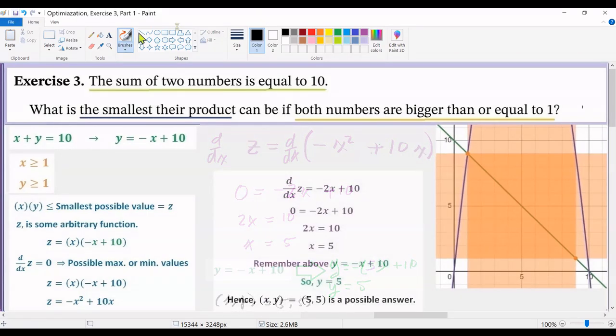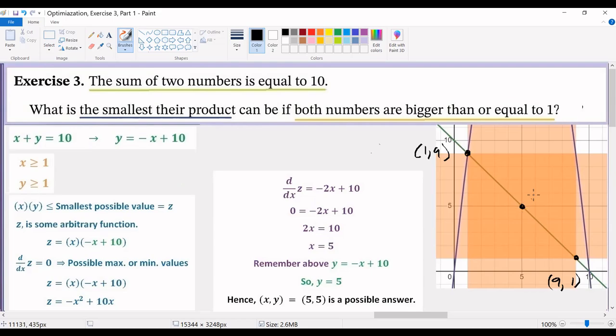Let's look at the ordered pairs we have. Previously, we had the ordered pairs 1 comma 9 and 9 comma 1. We just recently found a new ordered pair, 5 comma 5, in order to figure out what our smallest possible product can be. However, what about the parabola z equals negative x squared plus 10x?